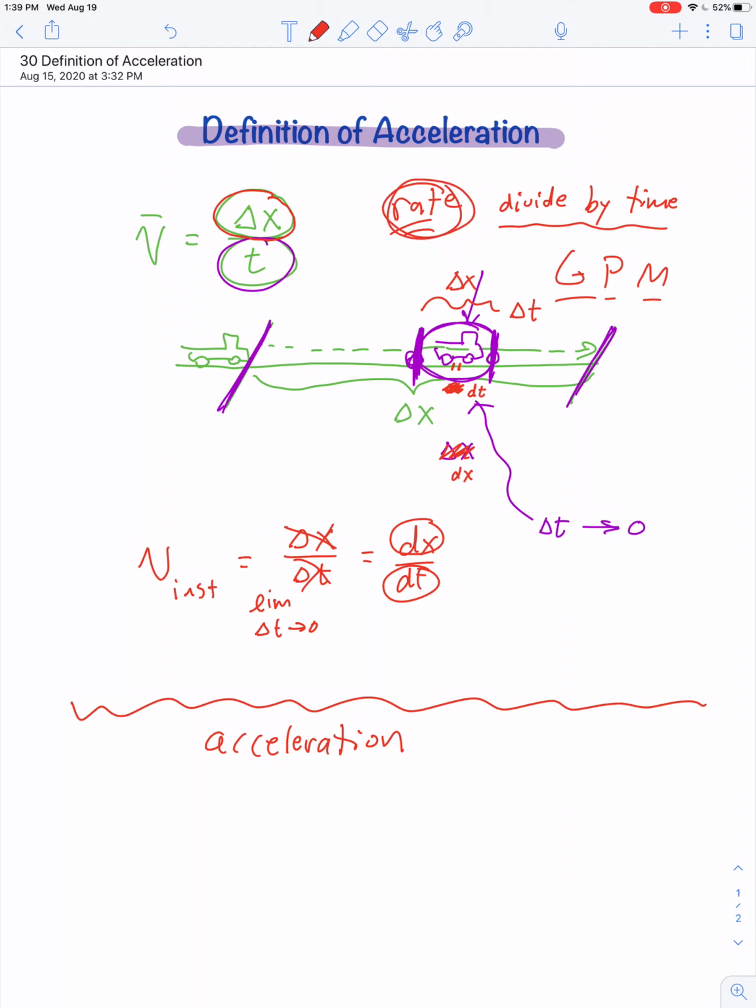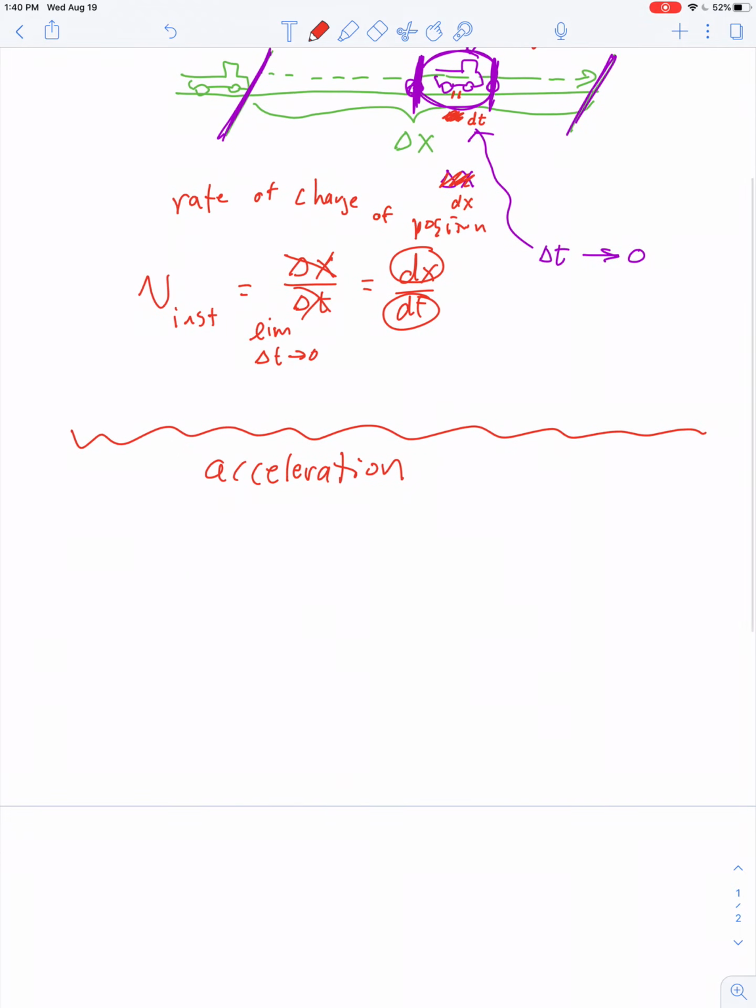So velocity can be thought of as the rate of change. We use the symbol delta, so delta x, change in position. So velocity is the rate of change of position. In the same way, acceleration is a rate, and it's also a rate of change.